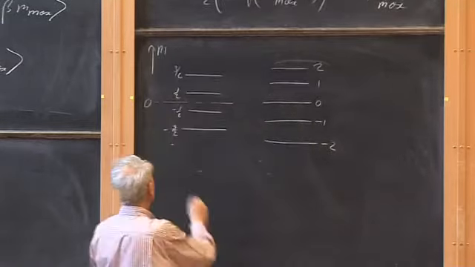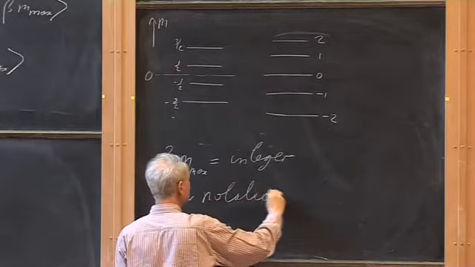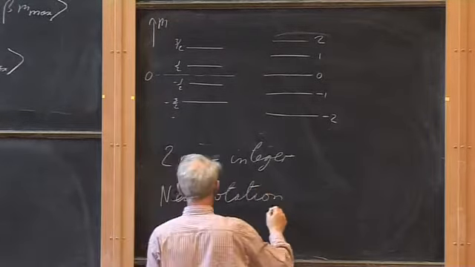Now, we could carry on talking about beta and m max, but it's extremely boring and nobody does that. What they do is they use a new notation. The new notation is that j is what you mean by m max.